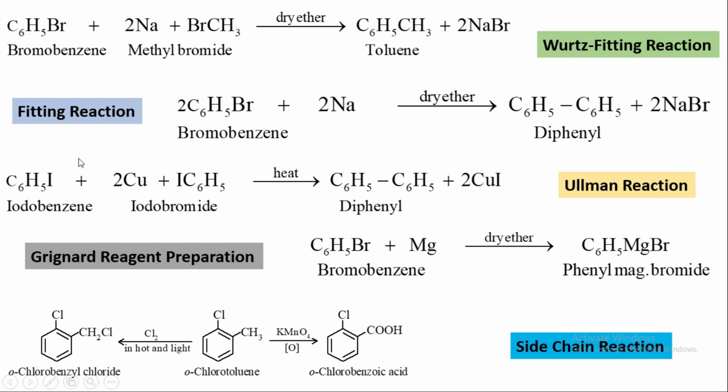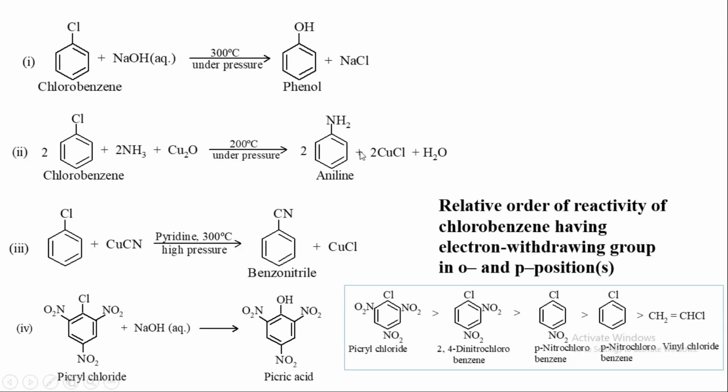From chlorobenzene, we will get aniline by adding ammonia and Cu2O as a catalyst, again at 200 degrees Celsius under pressure. If we add CuCN and pyridine, with high pressure and high temperature, we will get benzonitrile from chlorobenzene.